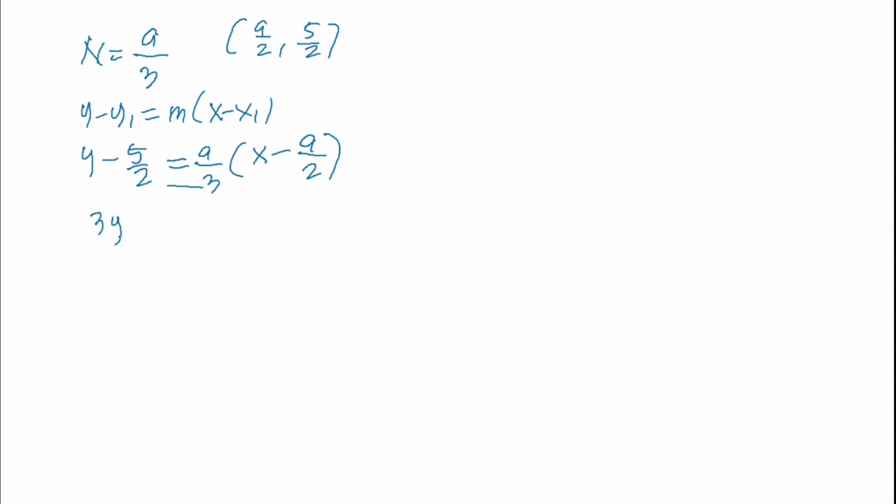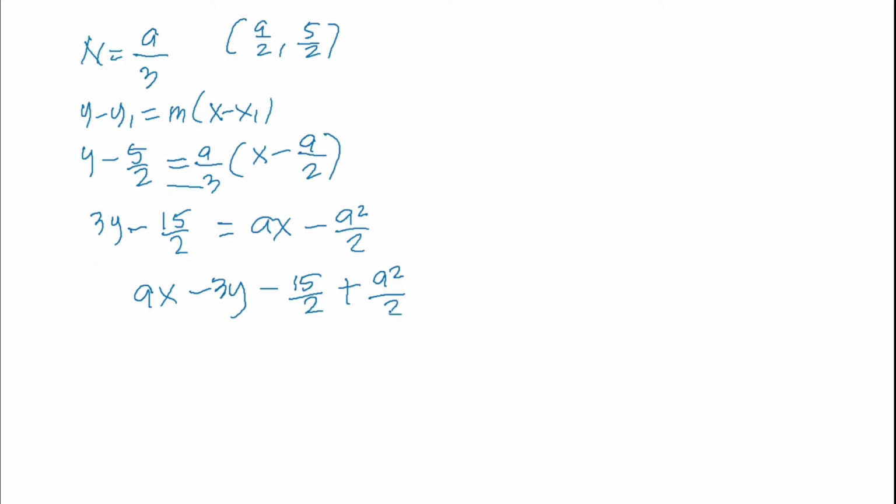So this is 3y minus 15 over 2 is equal to ax minus a squared over 2. So this will become ax minus 3y minus 15 over 2 plus a squared over 2 is equal to 0.